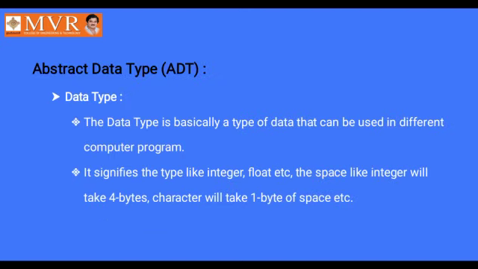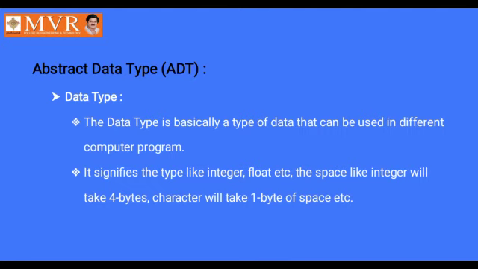Now coming to abstract data type. Before coming to this, we will discuss a small topic, that is what is a data type. Data type is nothing but the type of data we are dealing with while computation. That is, if we are dealing with integer numbers, then the data type will be integers.